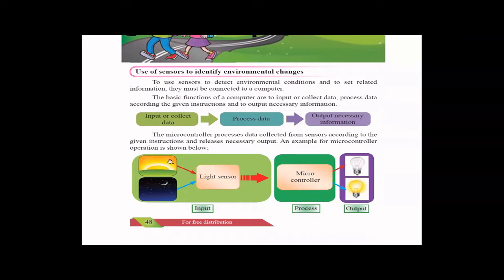For example, based on the sunrise and the sunset, the light sensor will detect it and give the input to the microcontroller. The microcontroller will do the processing, and if it's morning, you can switch off the light. If it's dark, you can switch on the light. Based on that, you decide the output.